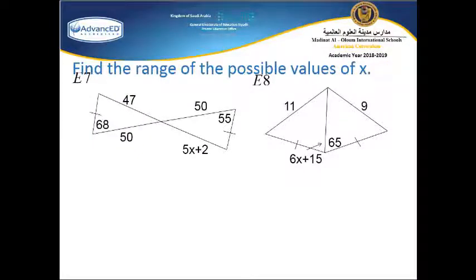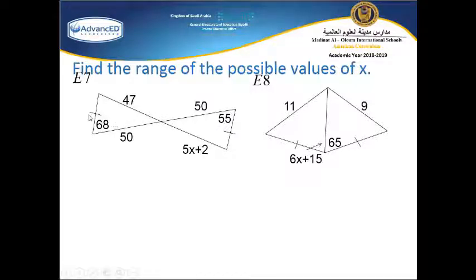Let's find the range of the possible values. In the two triangles here, we have two sides congruent. This side marked with an arc is congruent to this one, and the side 50 is congruent to this side 50. Then the included angle is 55 and the included angle here is 68.